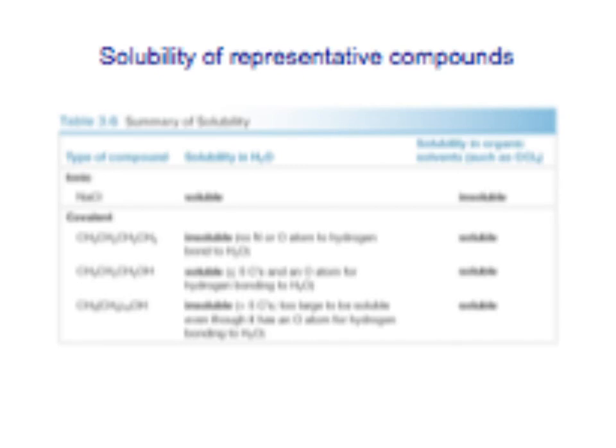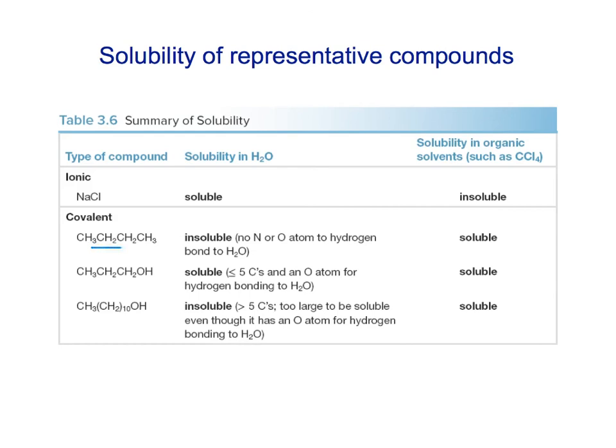Let's summarize here on this slide. If we start with molecules like alkanes, this one is called butane, we see that they are insoluble in water, soluble in organics. That's going to be always true. If we have a functional group that gives us a hydrophilic end to the molecule, they're going to be soluble as long as we have a small number of carbons.